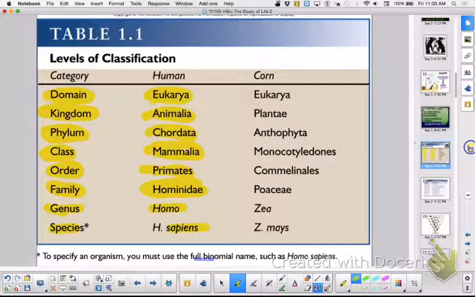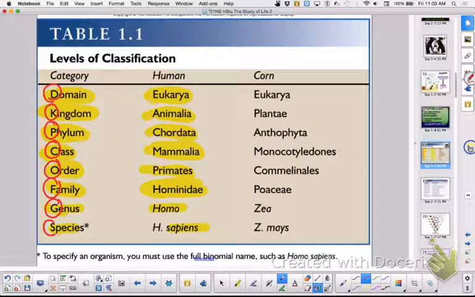We're so smart. Now, to help you remember the order of this, you can come up with mnemonics for things like this, which you might already have. Did King Philip come over for good soup?